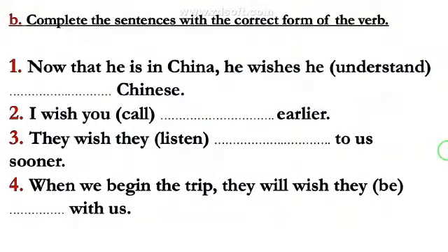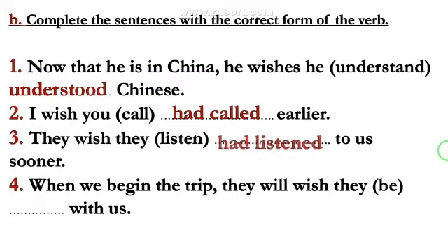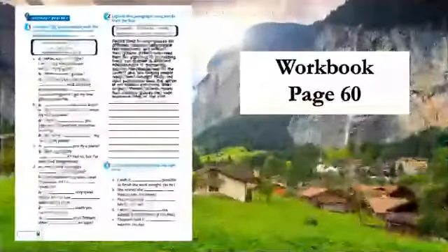Now that he is in China, he wishes he understood Chinese. I wish you had called earlier. They wish they had listened to us sooner. Number 4 and the last. When we begin the trip, they will wish they were with us.